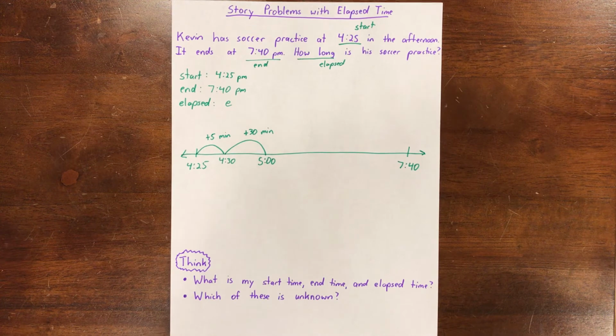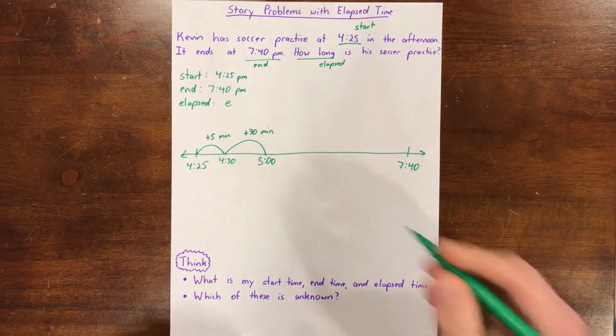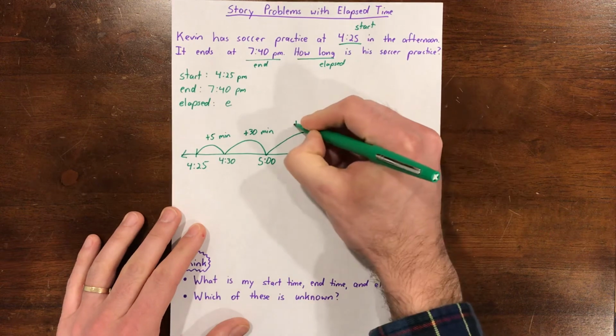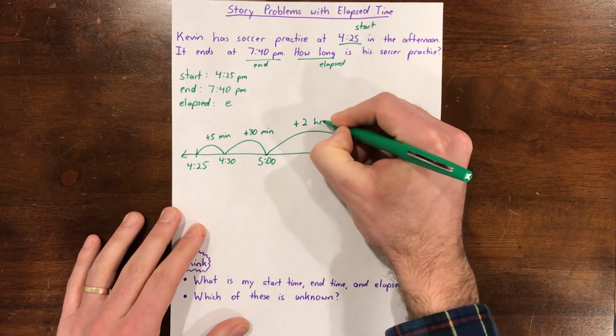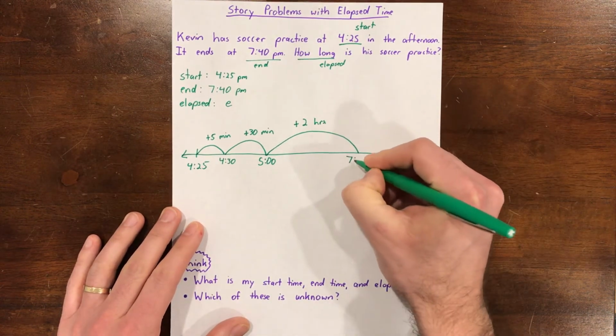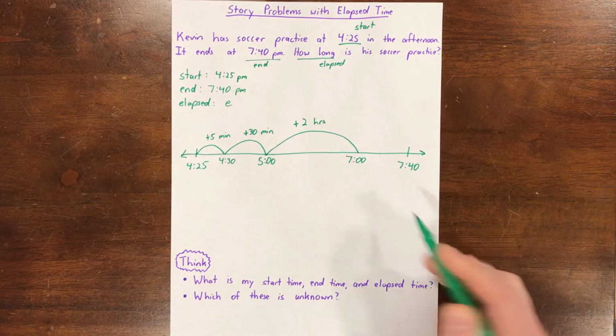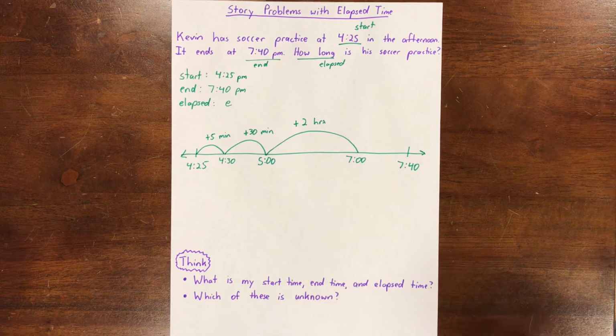Okay, now what? Say it out loud. Yeah, it probably makes sense now to go ahead and make a jump of 2 hours, because that gets us to 7 o'clock. And that is the right hour for the end time we're trying to get to.